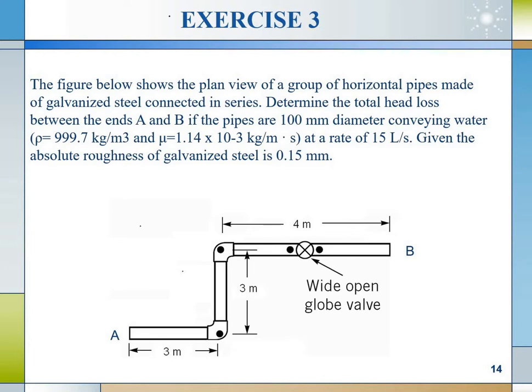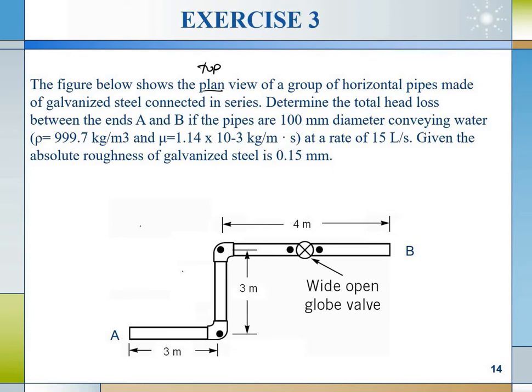The figure below shows the plan view of a group of horizontal pipes made of galvanized steel connected in series. Plan view is a top view. So actually this one you look from the top.